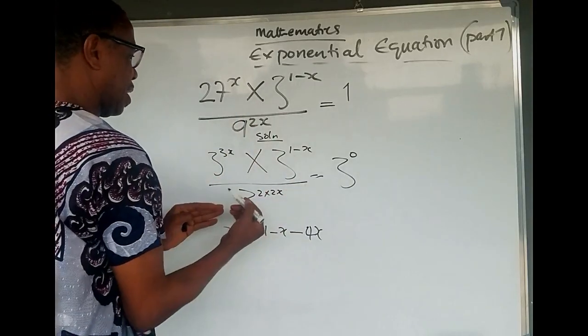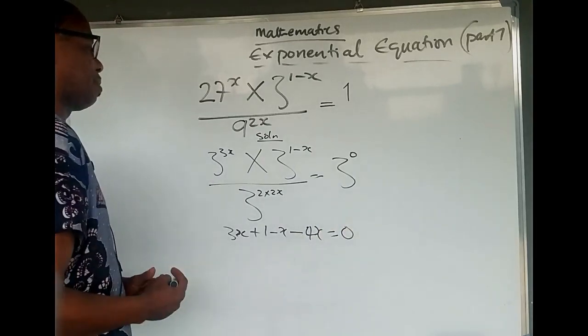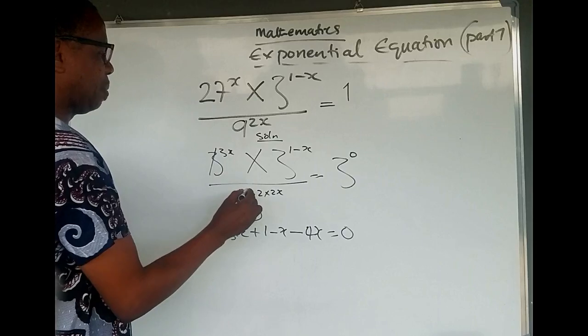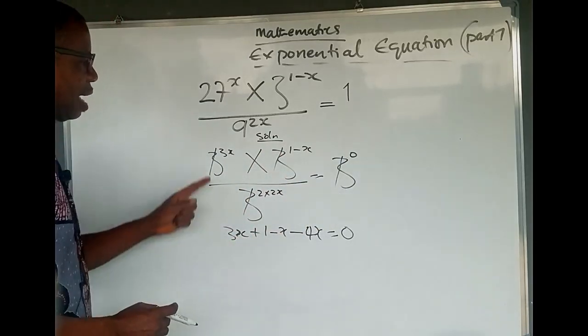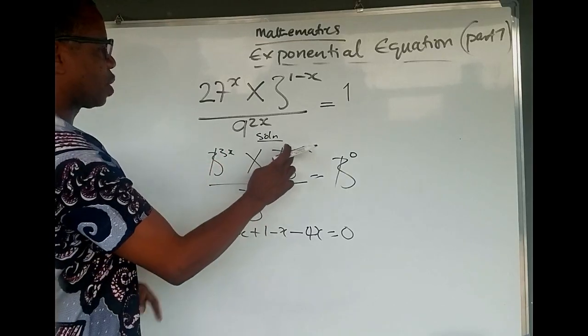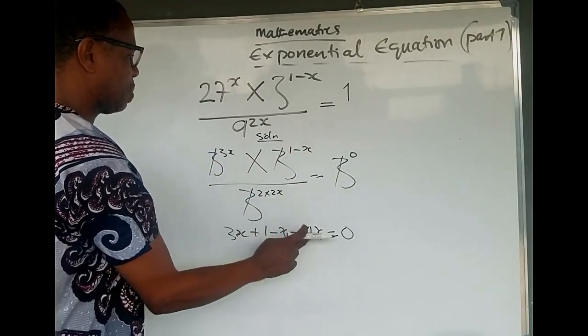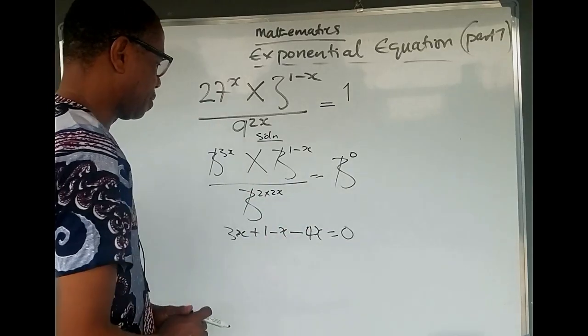Now, everything here is equal to 0. To avoid confusion, you can as well eliminate them by just cancelling it out. So you have 3x plus 1 minus x minus 4x, minus because it's dividing, is equal to 0.